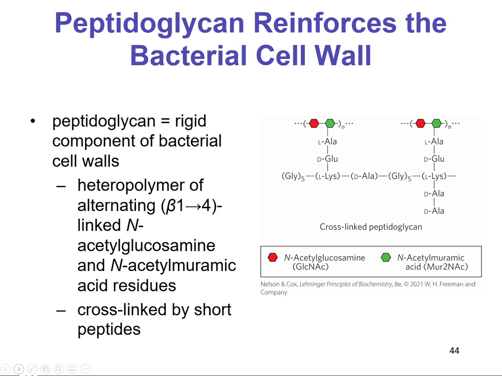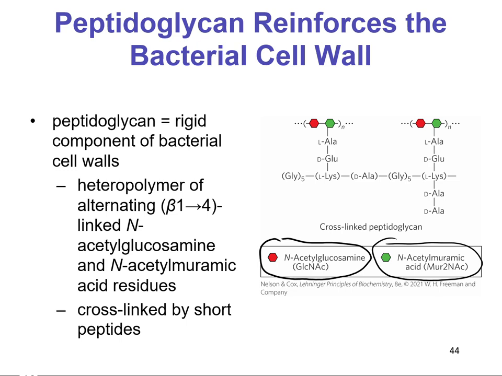Peptidoglycan is super rigid, and it is a heteropolymer. It's got two different flavors of monosaccharide. So remember that chart? There was a chart that showed all the different derivatives of glucose. We'll say glucose and all its cousins.